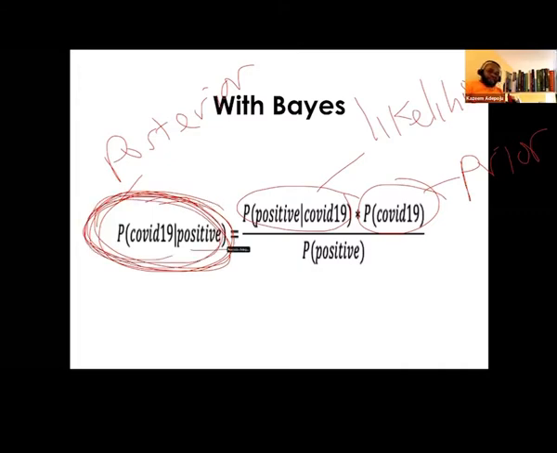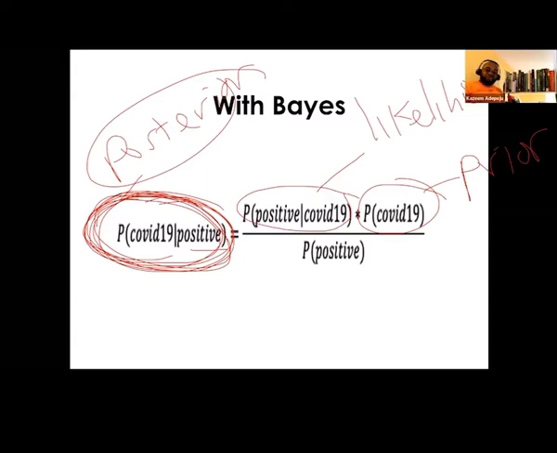Somebody has already tested positive for COVID, and we want to figure out the probability that the disease is present. That is the posterior, because the machine has already done the job. That is post analysis.